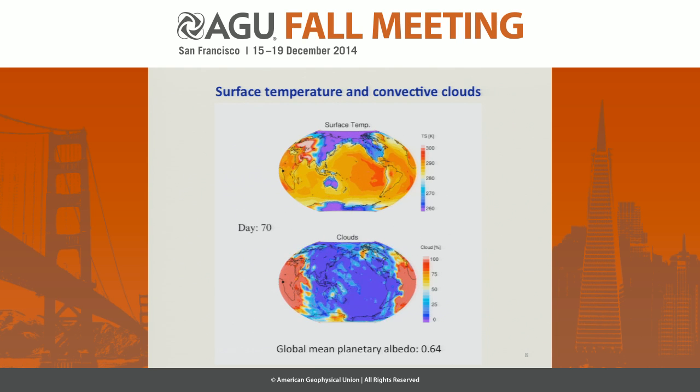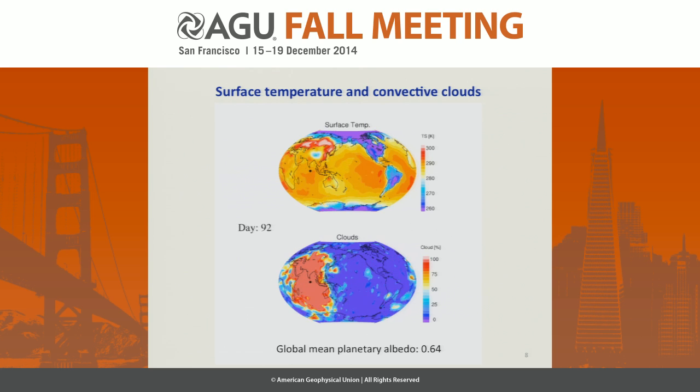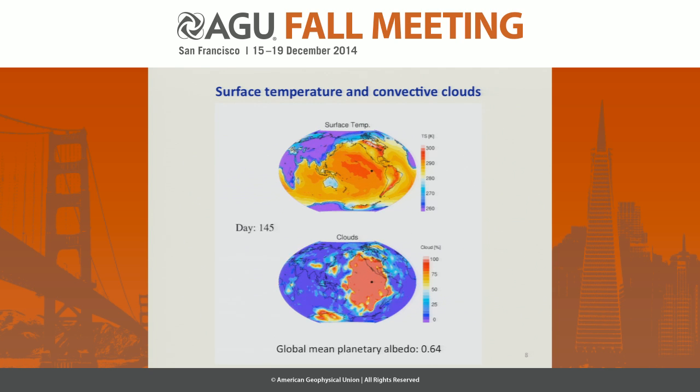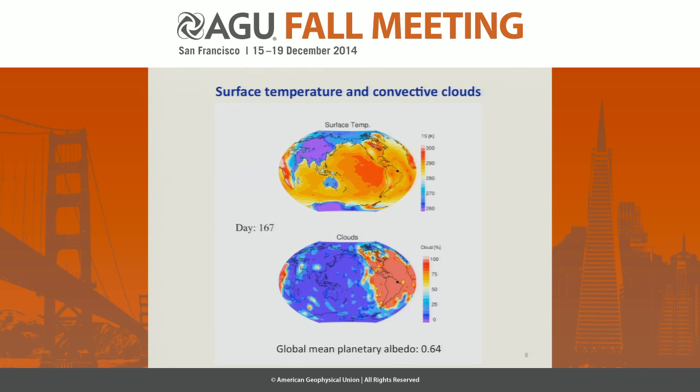You can see that the surface temperature is in the range of 216 Kelvin to 300 Kelvin. It means that it is habitable. The black dot is the substellar point. It moves slowly around the planet. The lower panel shows the clouds.